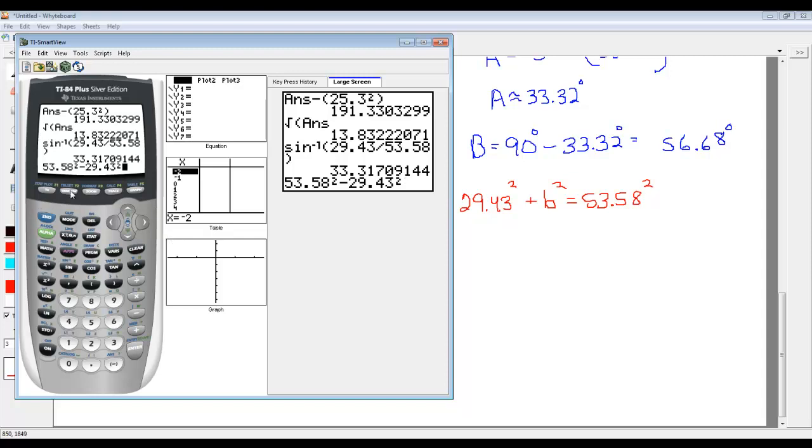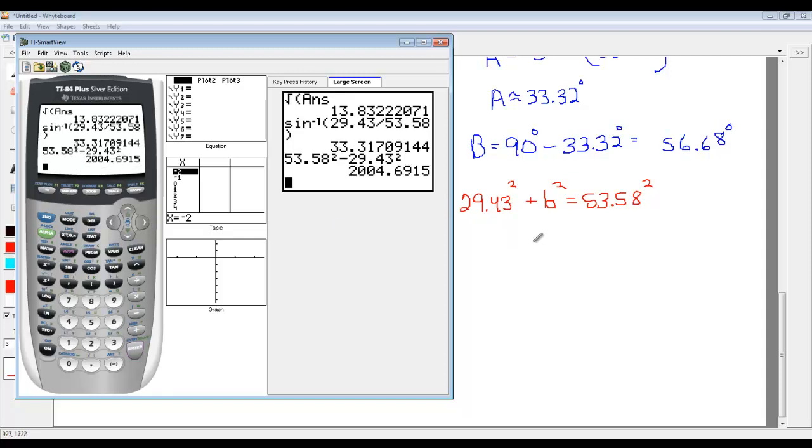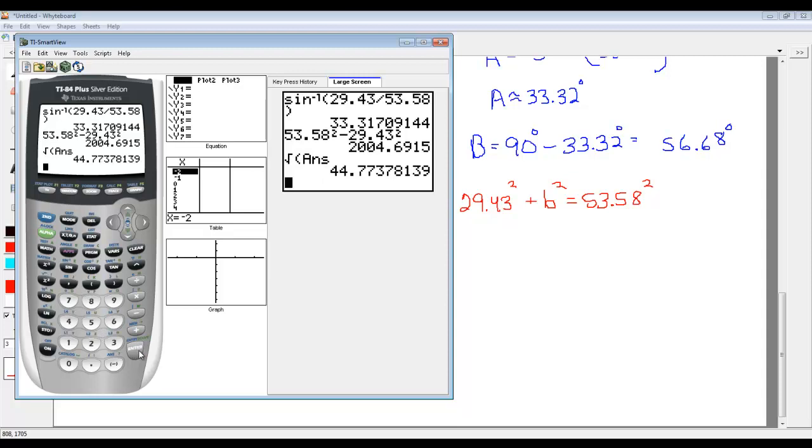It'll follow order of operations, so it'll go ahead and do the squares before the subtraction. So you can hit enter, and that's what you get after you subtract. And then B squared equals that, so find the square root. So square root, second negative sign will pull up that answer. And there you go. You get 44.